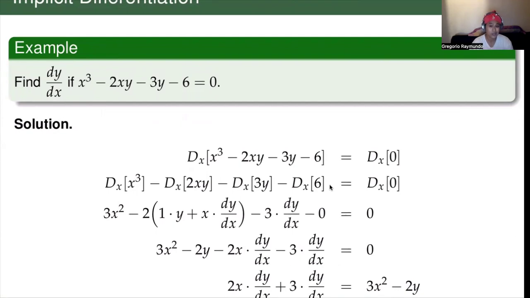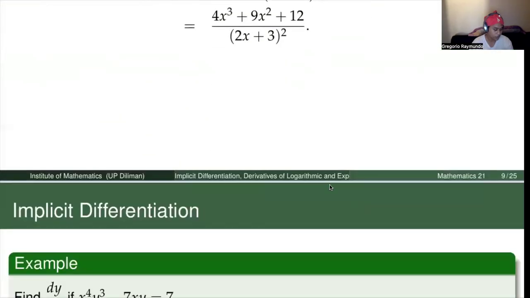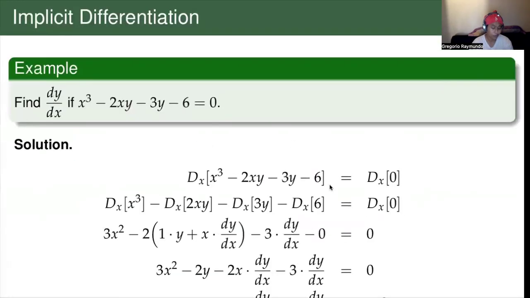Nakita natin kanina to, yung solution number 1 natin, na-isolate natin si y away from x. Okay, but what if we do not want to isolate y away from x? Yung method na yon. So gagawin natin to, i-derivative natin both sides with respect to x.